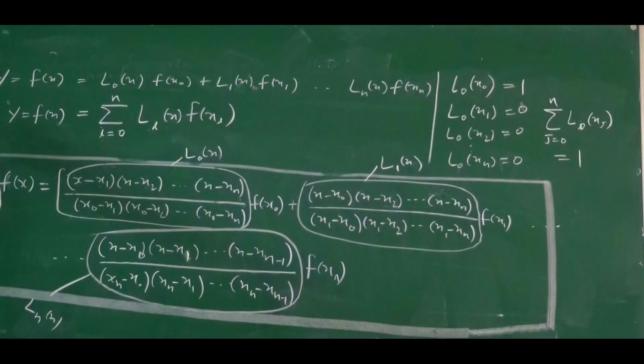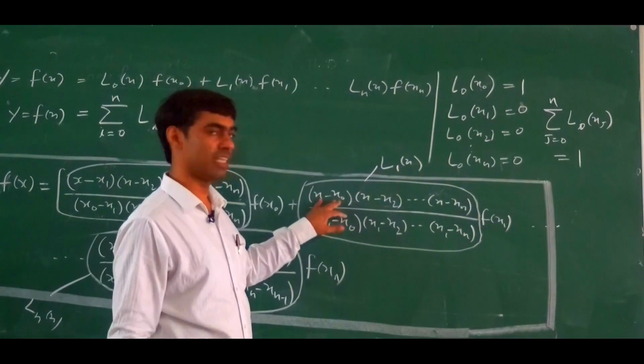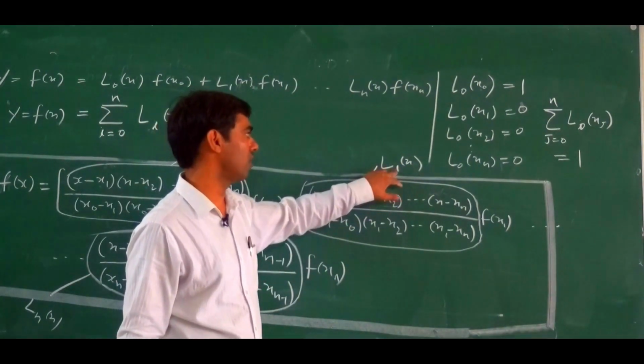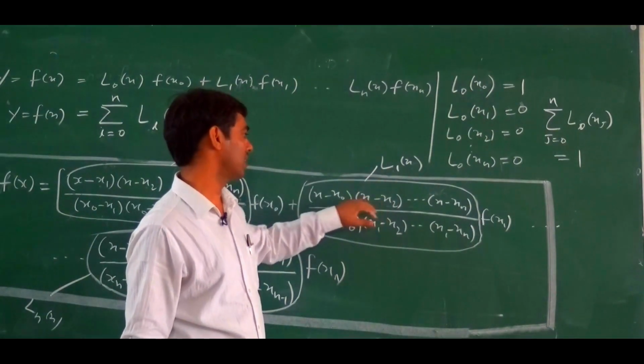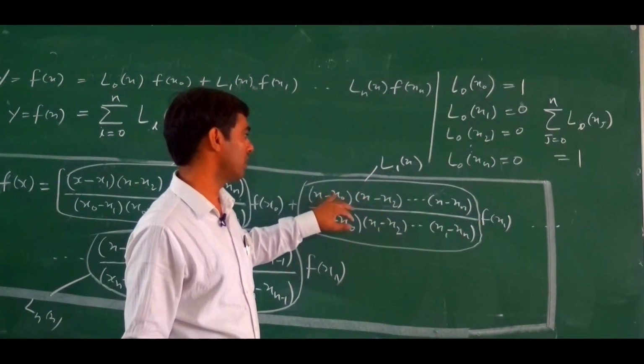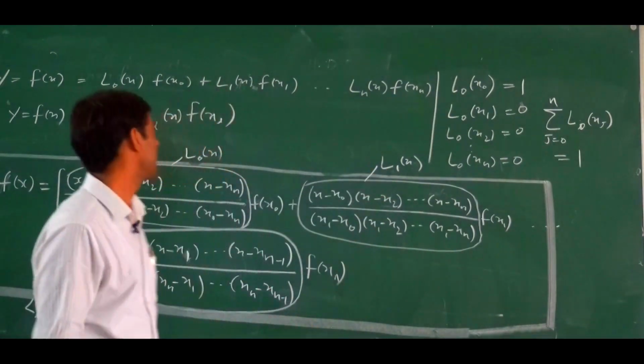Now if we describe the second property, what is the value of L1(x0)? This one is again 0. But if we write L1(x1), numerator becomes equal to denominator, so L1(x1) becomes 1.